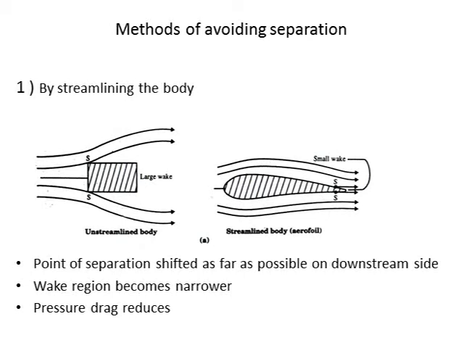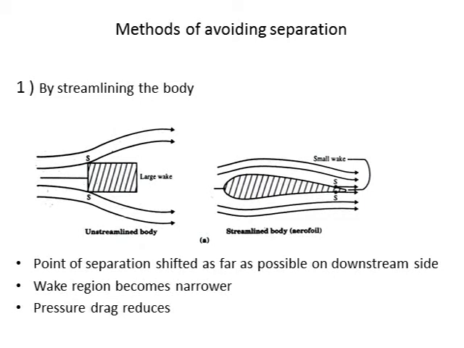In case of a streamlined body, you can see an aerofoil section in which the fluid passes, and you see a small wake SS as compared with the unstreamlined body. Point of separation is shifted as far as possible to the downstream side. Our wake region becomes narrow. Pressure drag reduces. So that is the effect of the aerofoil section.